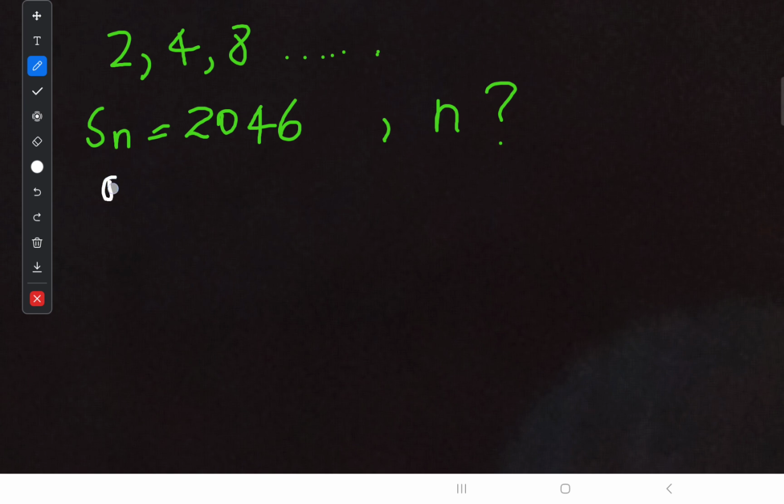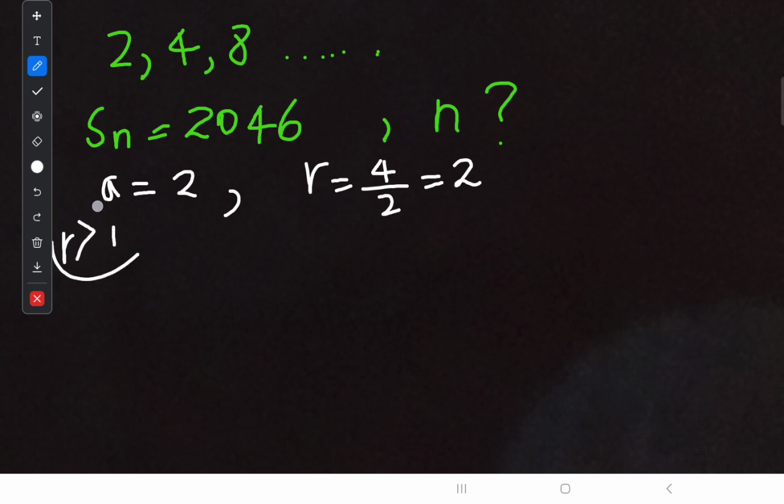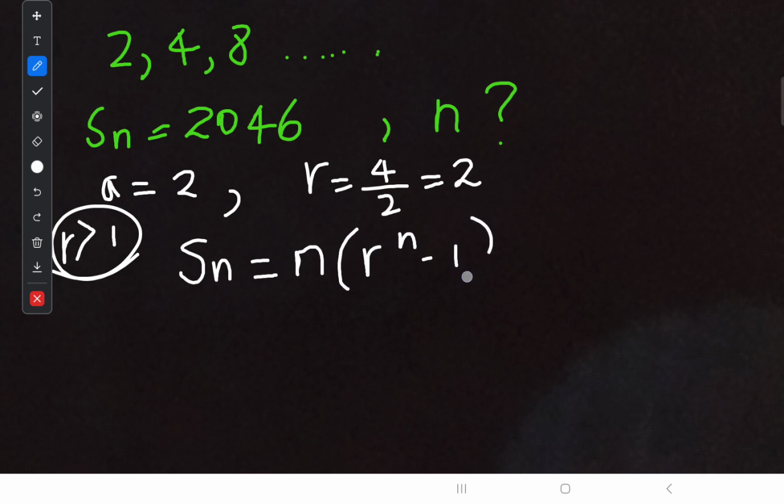First of all, a equals 2, and secondly r equals 4 divided by 2, that is 2. Here our r is greater than 1. So the formula which we have to use is Sn equals a into r to the power of n minus 1 upon r minus 1.